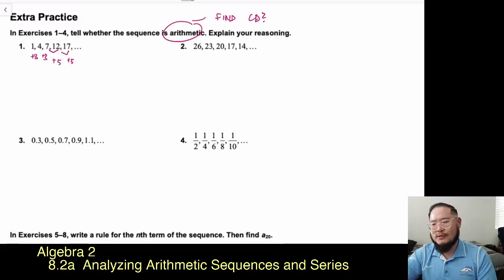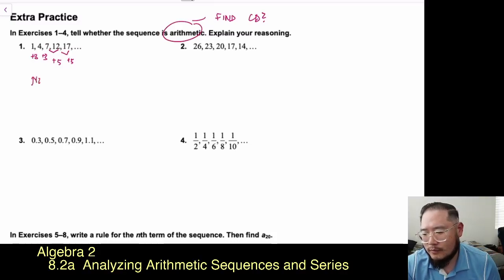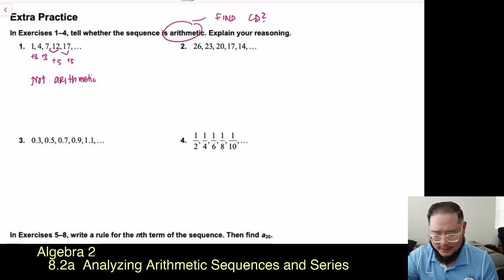We might be able to safely say that the next 2 terms after that is going to be plus 7. But we're not looking for that type of a pattern. We are looking for common differences. So right here, we can go ahead and say this is not arithmetic. Not arithmetic.